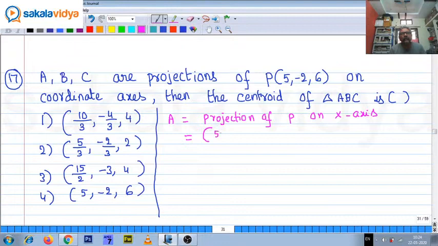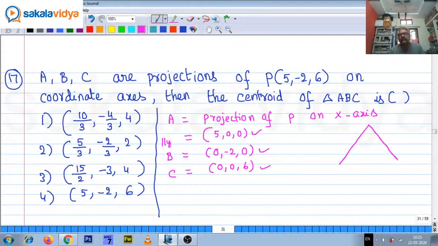That means 5, 0, 0. B is similarly the projection on the y-axis, that will be 0, -2, 0. Similarly, C is the projection of P on the z-axis: 0, 0, 6.